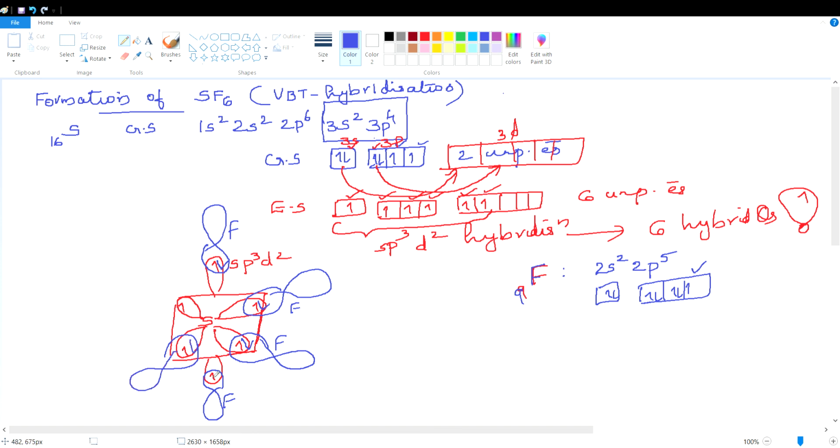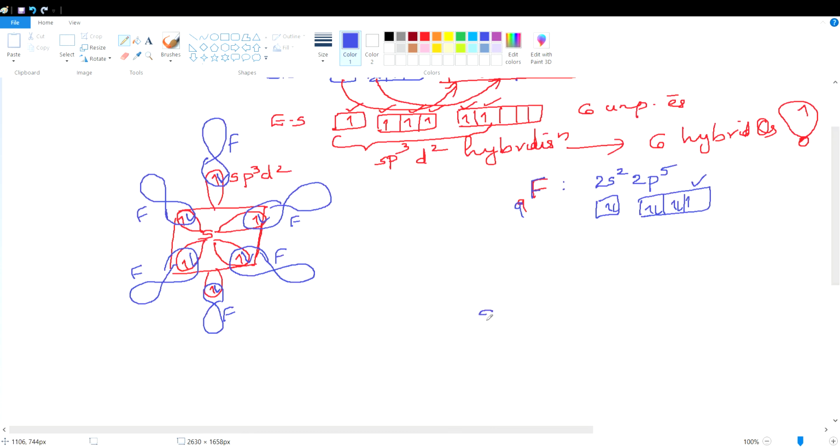This overlapping results in sharing and hence formation of a covalent bond. This is axial overlapping, hence it will result in a sulfur-fluorine sigma covalent bond.